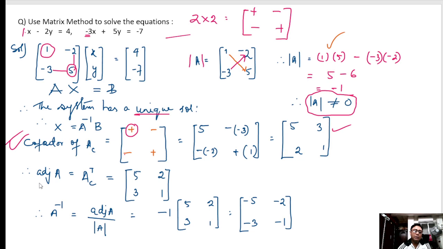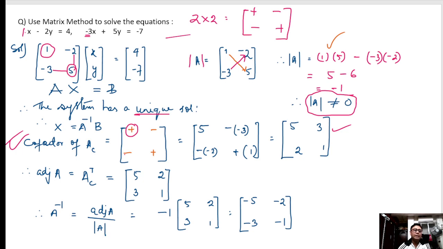Now, how to find the adjoint of a matrix? Transpose the cofactor matrix. That means interchange the row and column. The first row becomes the first column. The second row becomes the second column. This is how you find the transpose of a matrix, right?